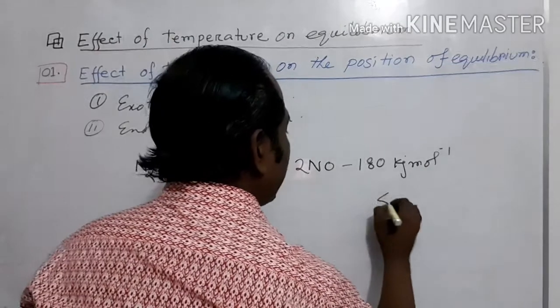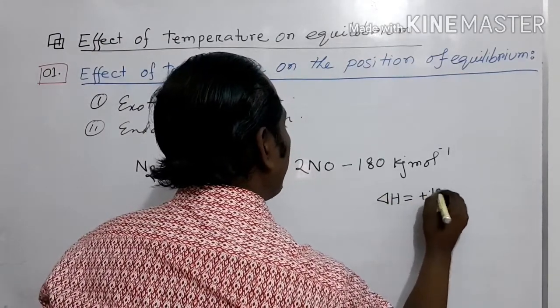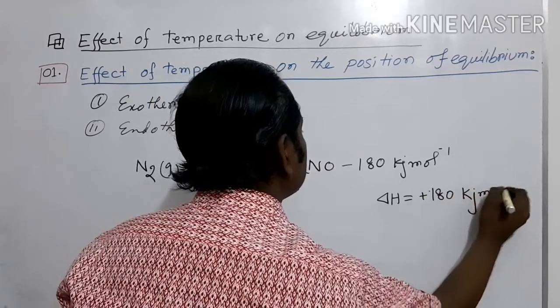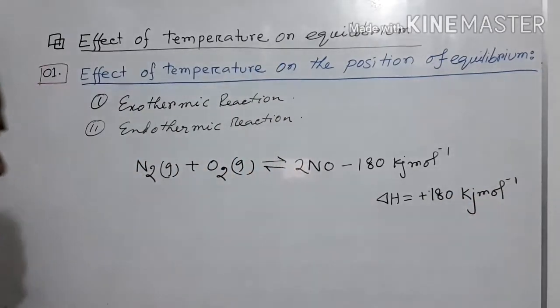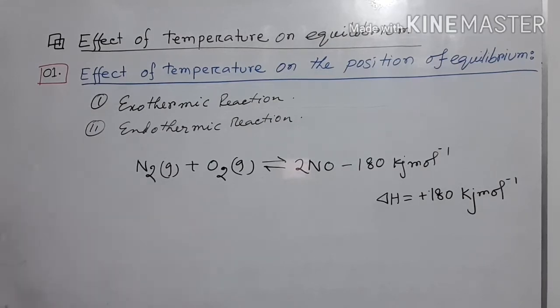That means del H here equals plus 180 kilojoule per mole. Now we see that this one is an endothermic reaction.